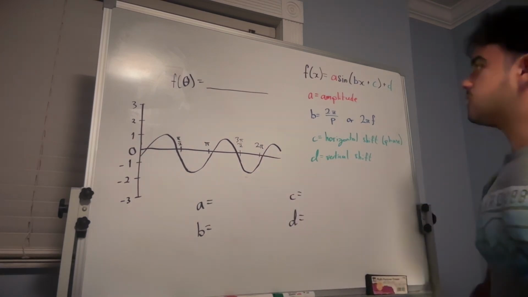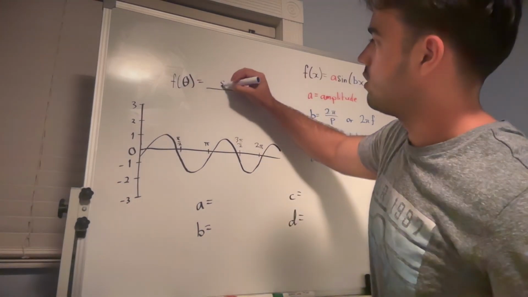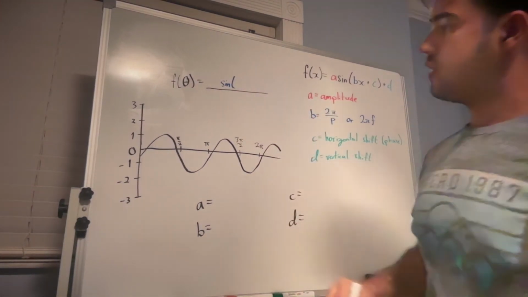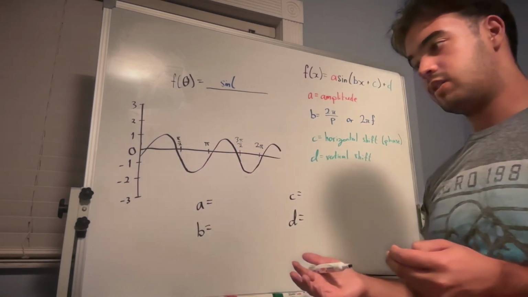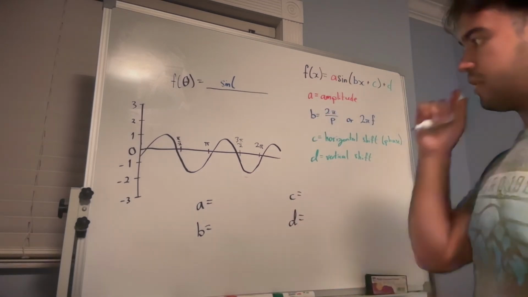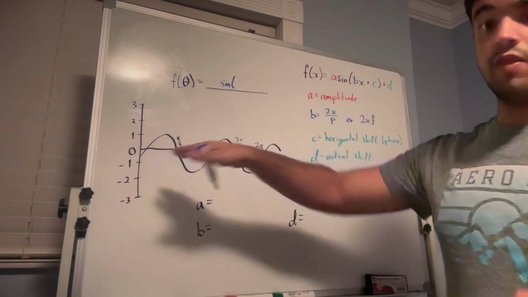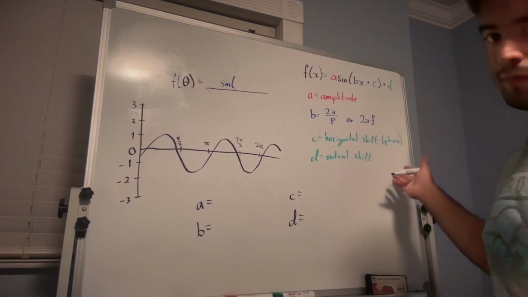Now the c value, you have to look at the graph for, and it's our horizontal shift or our phase shift. Since we know for sure that this is a sine function, so I'll write it here, sine, we know that sine has to start at the midline, right? The 0. So if it starts at the midline, then there was no horizontal shift or phase shift.